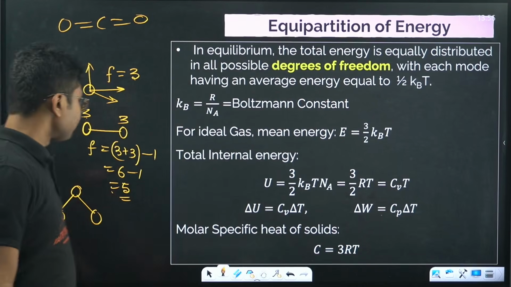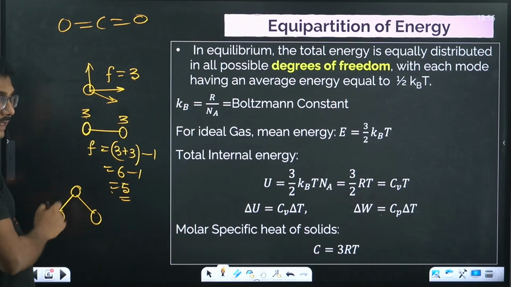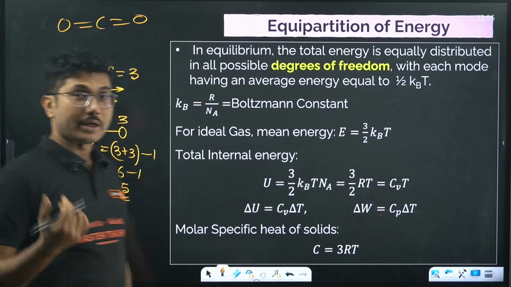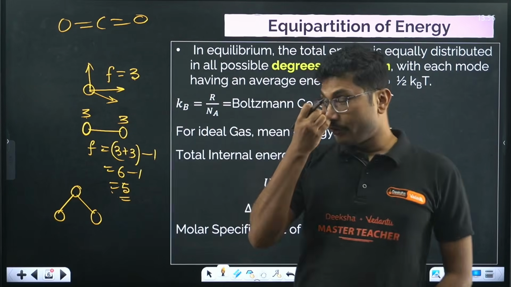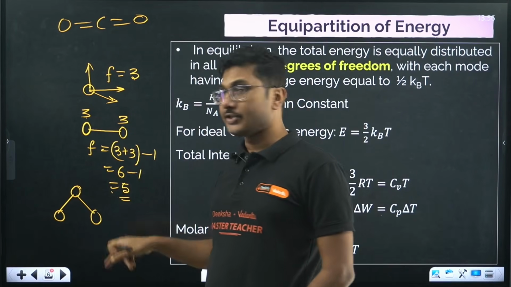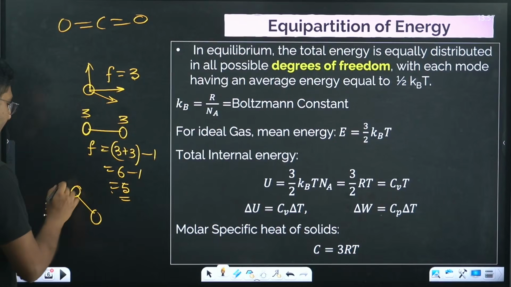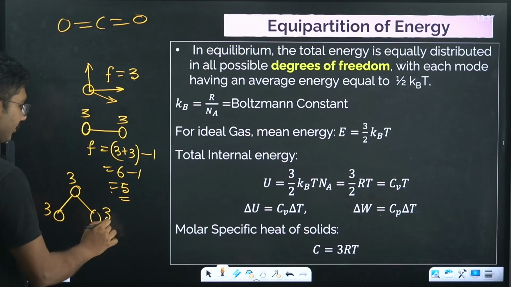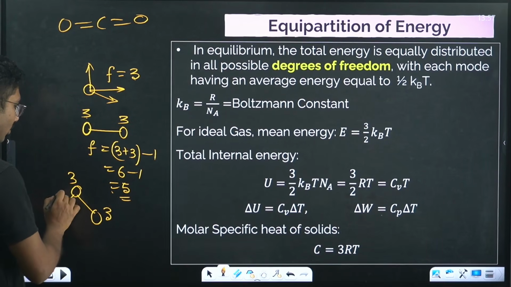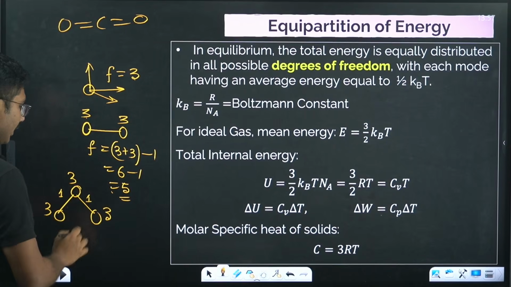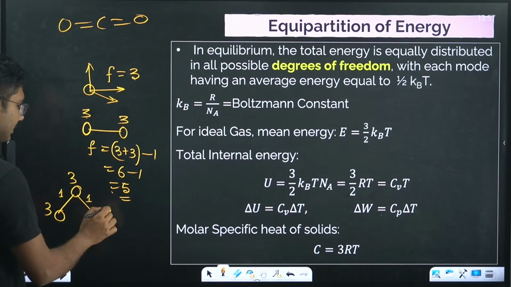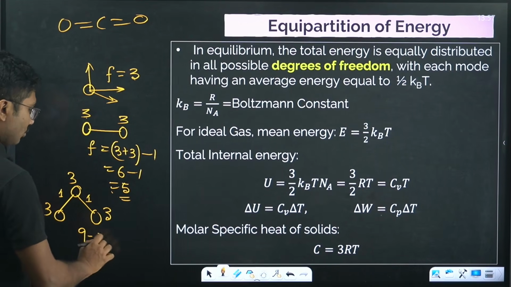But if they are non-linear, at some angle, for example water, H2O, oxygen here, hydrogen here, hydrogen here. So what is the degrees of freedom? Again 3 for this, 3 for this, 3 for this, and how many bonds are there? One bond here, one bond over here. So it will be 3 plus 3 plus 3, that is 9 minus 2.